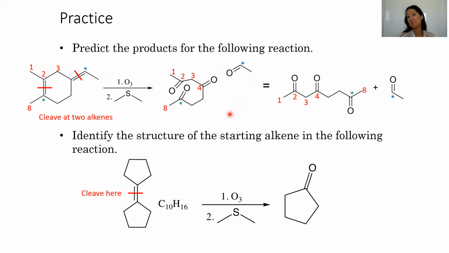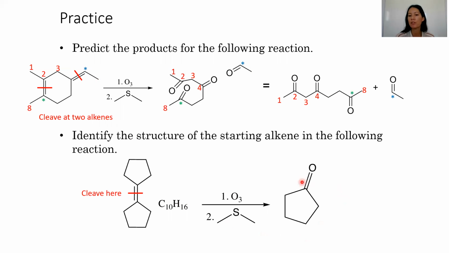So you can leave it like that, but it's nicer to open it up, and you can see you have this 8-carbon chain with a carbonyl at the 2, 4, and 7 position. And you have this ethanaldehyde product.